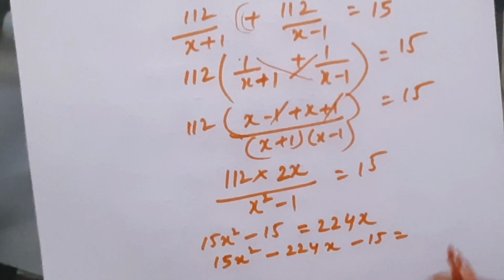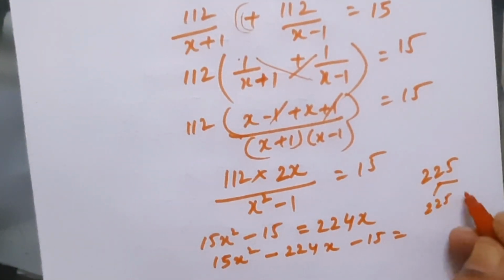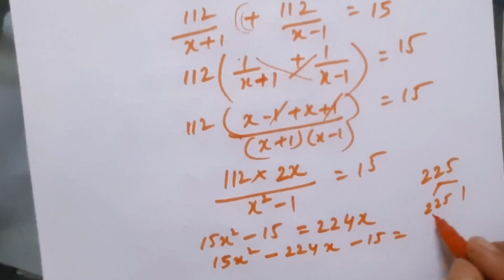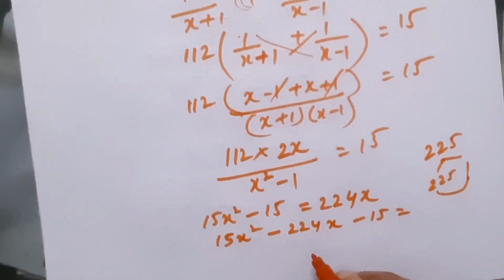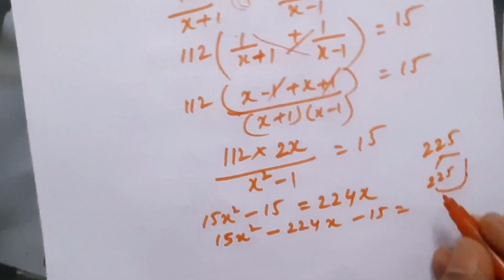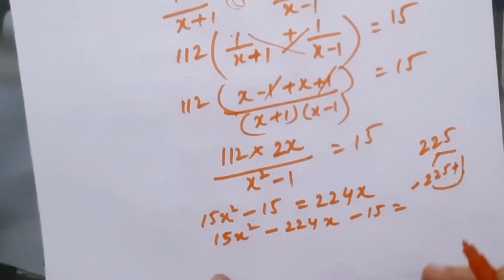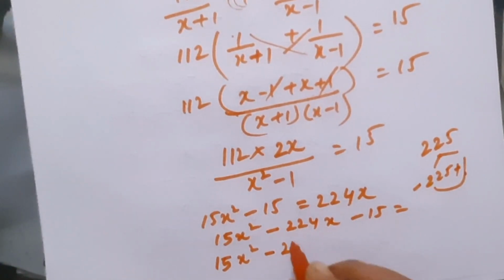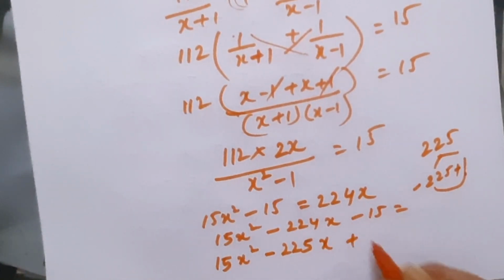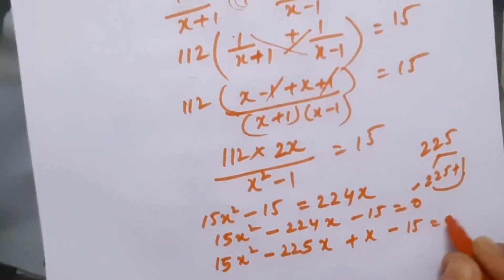So when we multiply 15 and 15, we get 225. Multiples of 225: 225 into 1. If we subtract both the numbers, we get the middle number. As I told, if we get the middle number by subtraction, we give the sign of the question to the bigger number and the opposite sign to the smaller number. Thus it is 15x squared minus 225x plus 1x minus 15 is equal to 0.